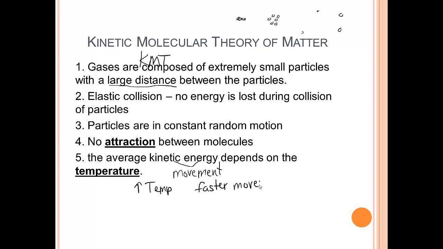So that's why we get gases at higher temperature, because the particles are moving faster, and they're moving fast enough to break this attraction that they had in the liquids. And that's why you don't get this attraction, because the temperature is so high, the particles are moving so fast, they don't get this chance to have the attraction between the molecules. So these are all describing that perfect, that ideal gas. This is how it would act.